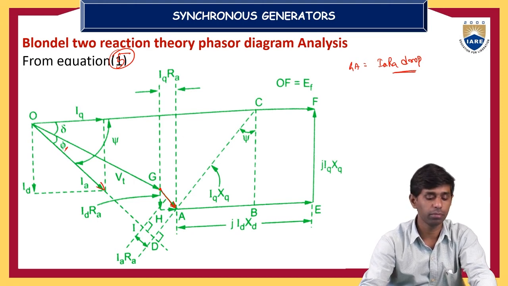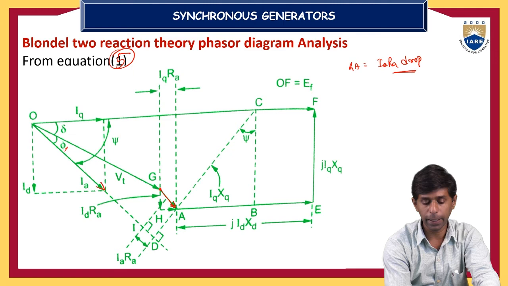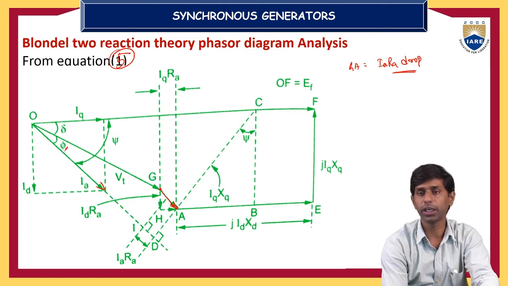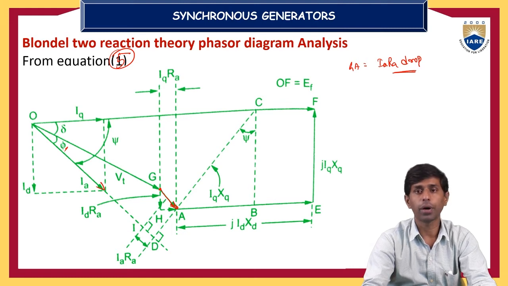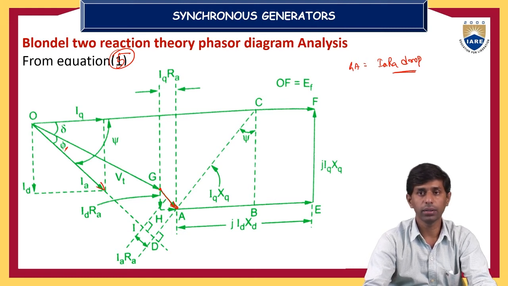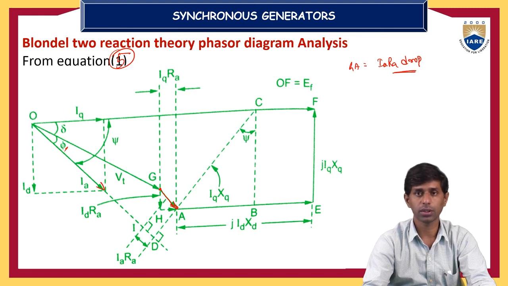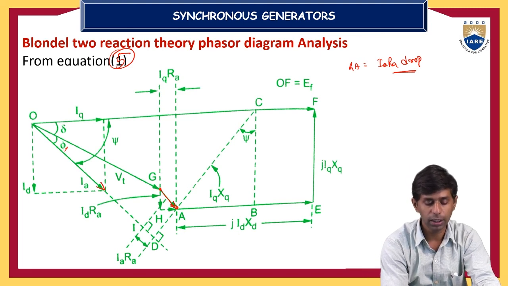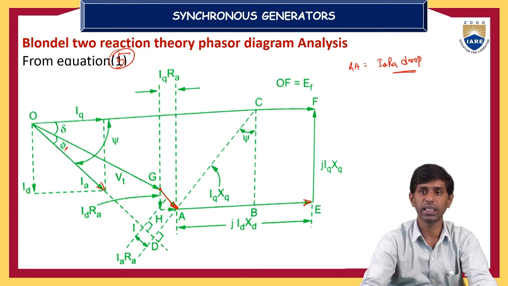That is why I am drawing a parallel line which represents both the axes are in phase vectors. And from the point A, draw a line that represents the drop due to direct axis reactance quantity, which must be perpendicular to ID, the armature current along with the D axis.